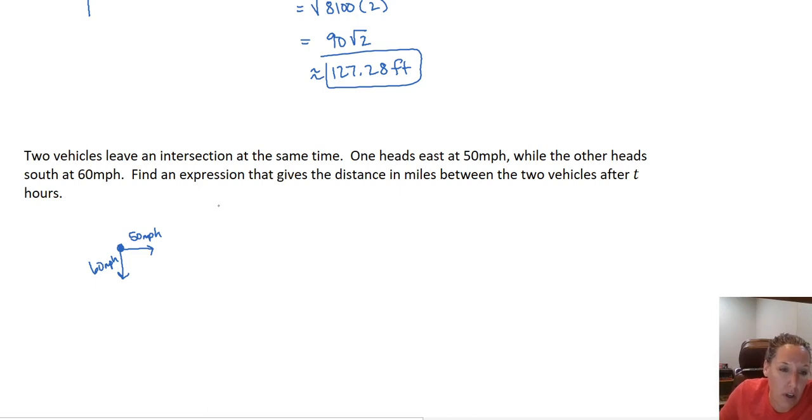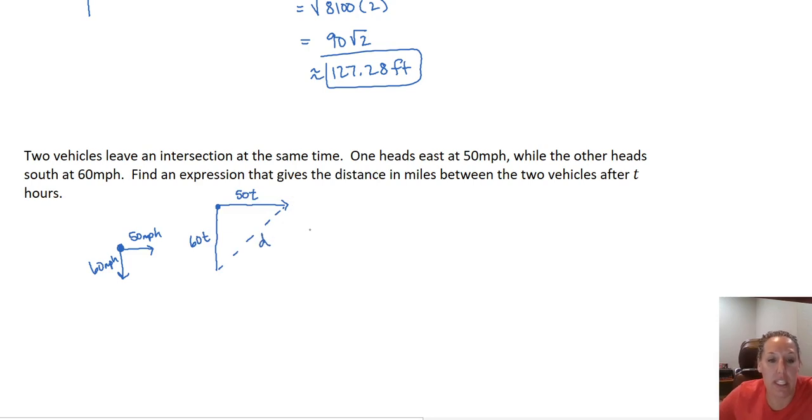So what we're looking for is something that's going to look like this. This one's going this way at 50 miles per hour, so that means after t hours it's gone 50 times t miles, and the other vehicle heading south has gone 60 times t, and we want to find the distance in between.